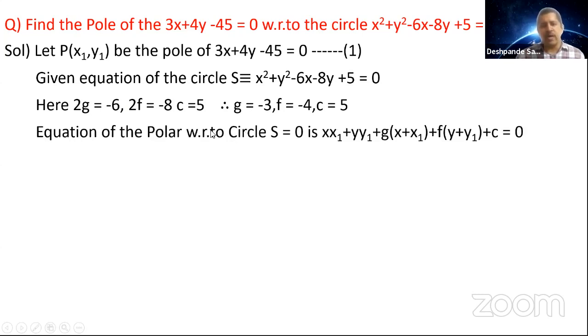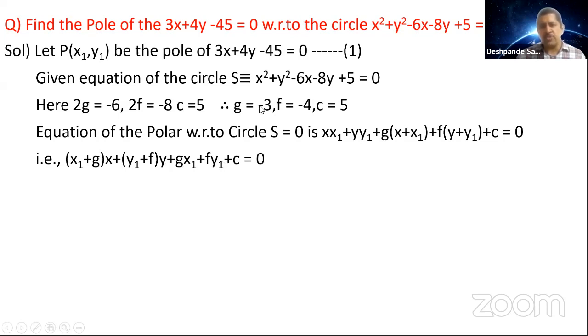So the equation of the polar with respect to the circle S is equal to 0, with respect to the point x1, y1, is given by the formula xx1 plus yy1 plus g times x plus x1 plus f times y plus y1 plus c is equal to 0. You can rearrange this as x1 plus g of x, y1 plus f of y, plus gx1 plus fy1 plus c is equal to 0.